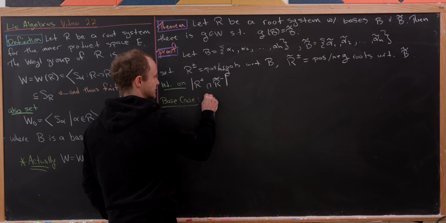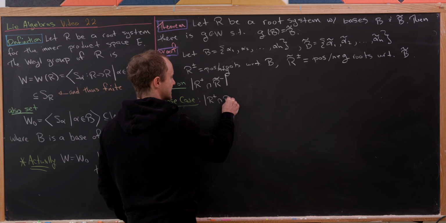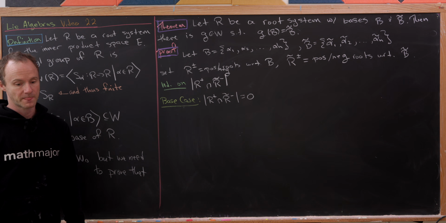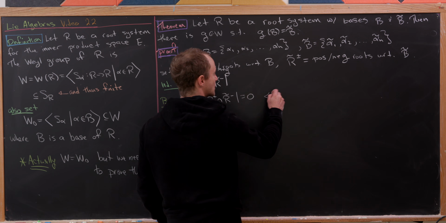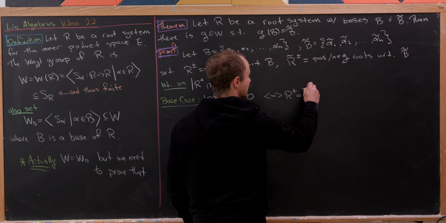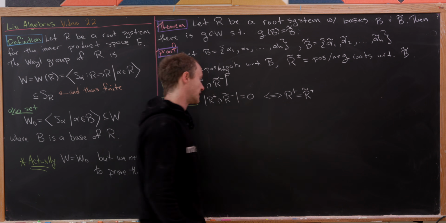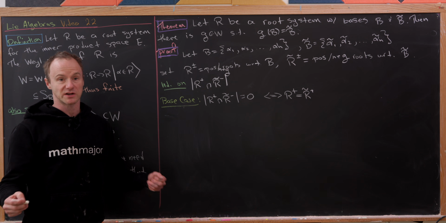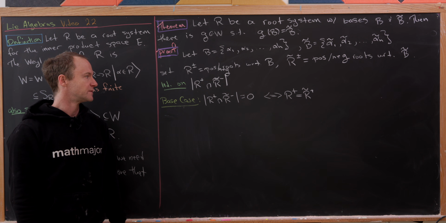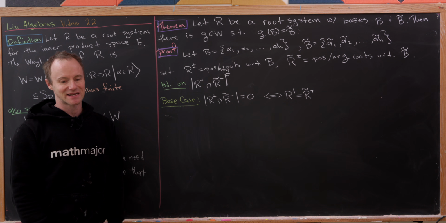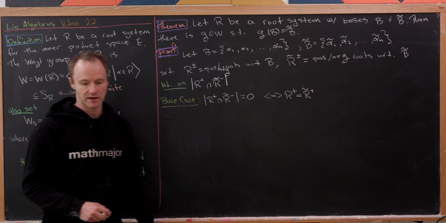So in other words, we've got the size of R plus intersected with R tilde minus is equal to 0. But let's notice that that is equivalent to saying that R plus is the same thing as R tilde plus. And that's because R plus and R minus are partitions of R. So if these do not intersect, well then just by a size argument, R plus and R tilde plus have to be the same thing.